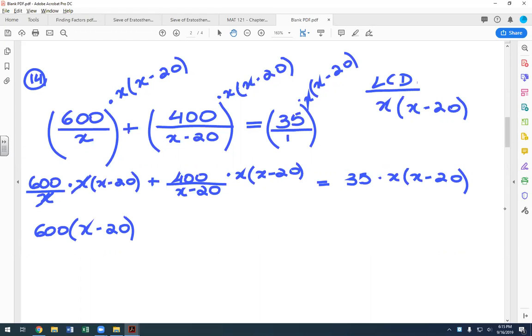The X minus 20, very good. So X minus 20 cancels out, leaving us technically with just 400 times X, or 400x. Does anything cancel out on the right-hand side? No, because I don't really have a denominator there, right? So you're basically just going to multiply 35x with X minus 20.